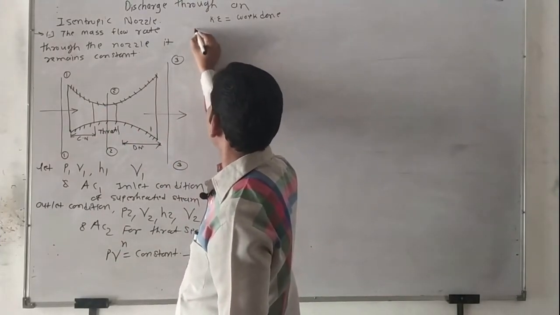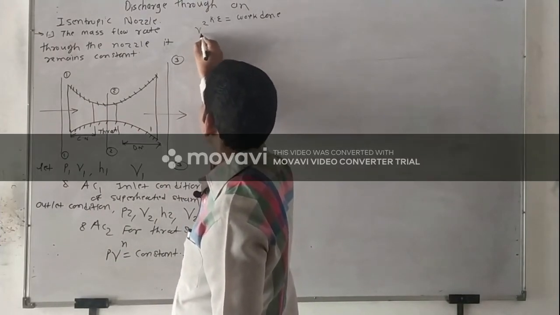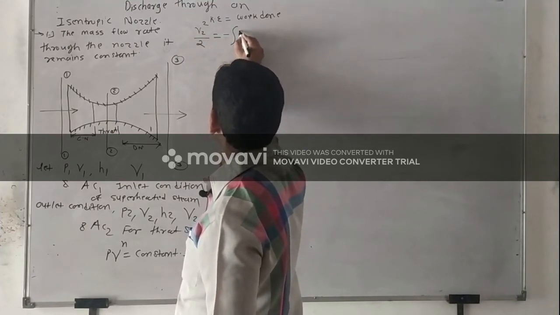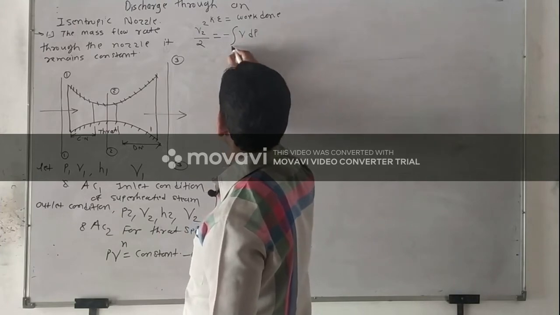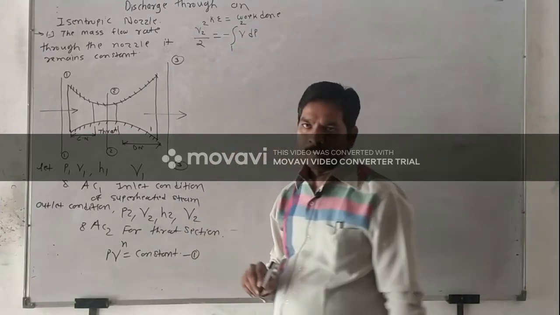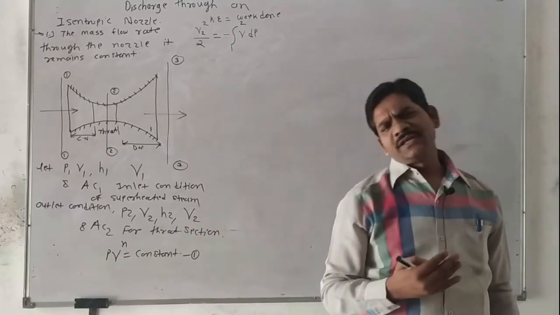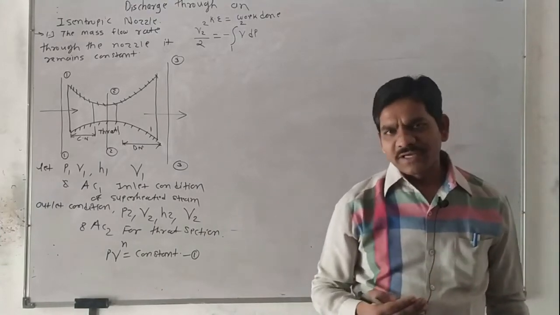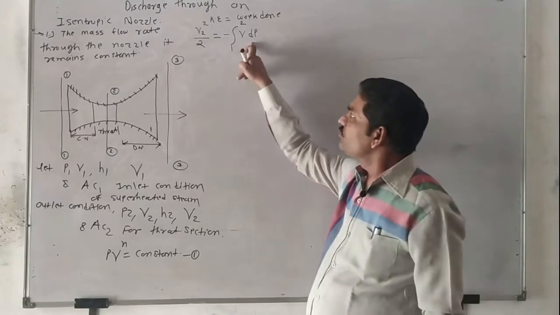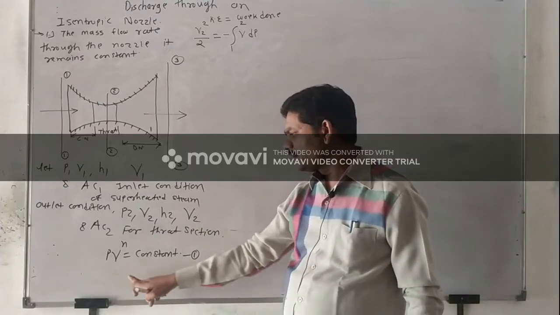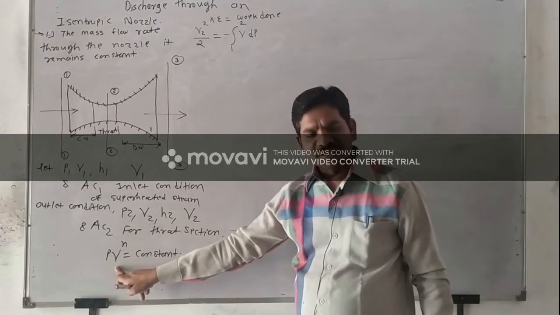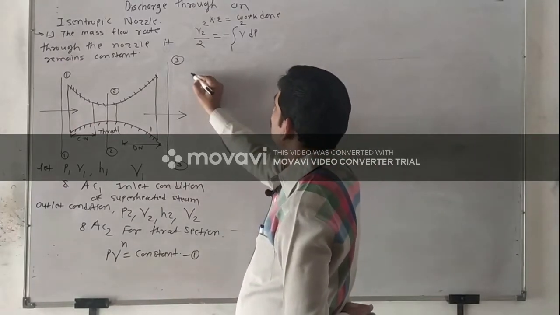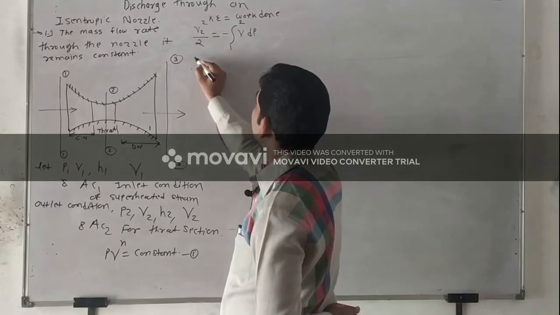So we have the kinetic energy V2 square upon 2 is equal to the work done, minus integration V dP to the limits 1 and 2. dP means change of pressure from inlet pressure to outlet pressure. Okay. And this work done is for which process? For the isentropic process. So we know that, students, from third semester. Okay. So what is this work done?